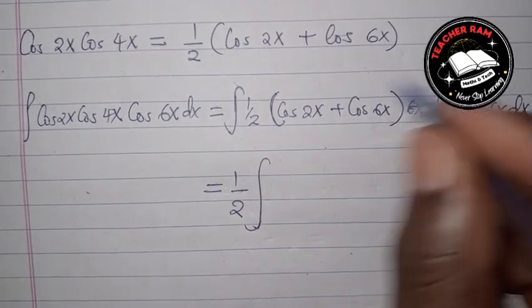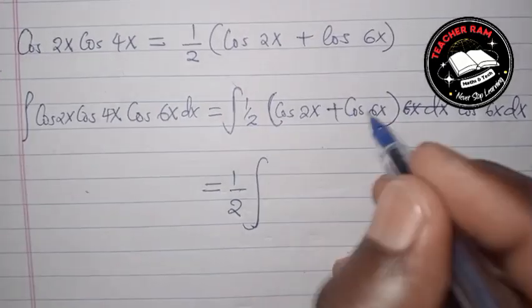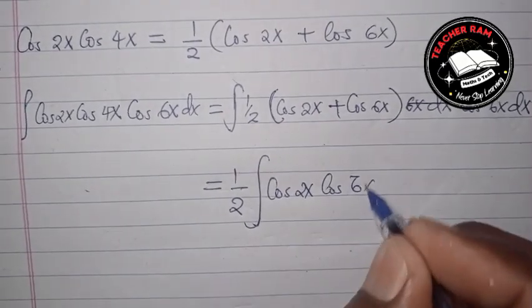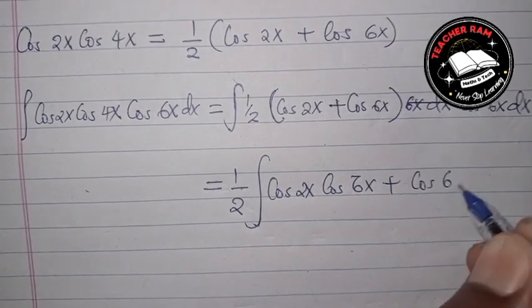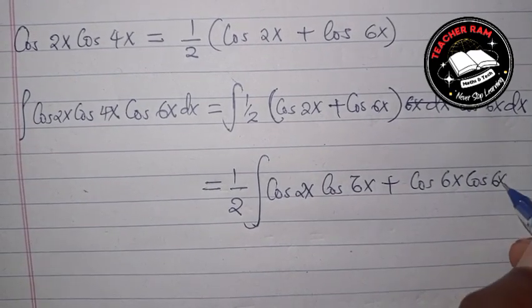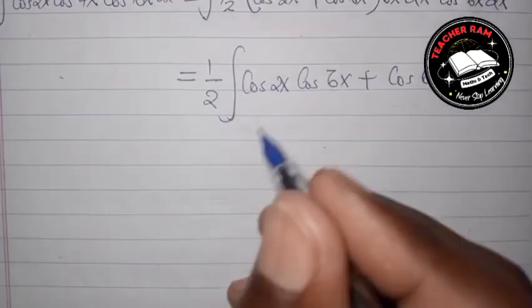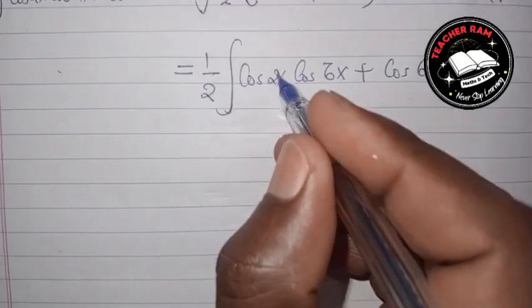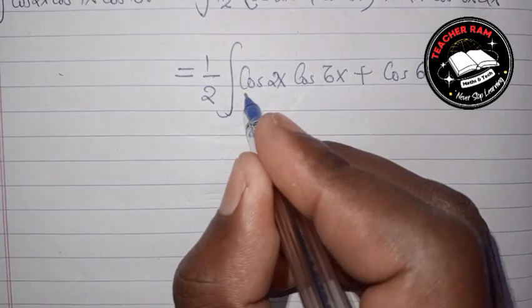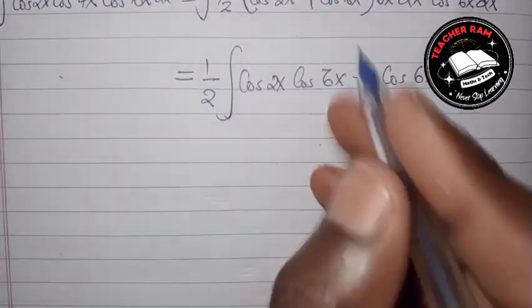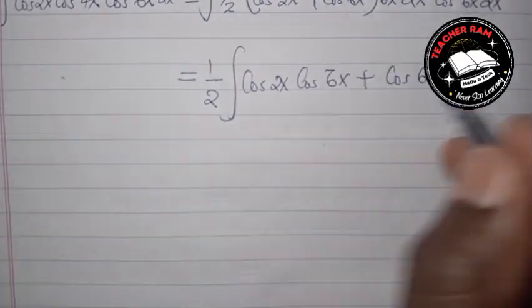So cosine of 6x, take it inside and opening the bracket, it will be cosine of 2x cosine of 6x, then plus cosine of 6x cosine of 6x dx. After that, we're going to work with these. These are products of cosine functions, so we're going to put them in the form of a sum instead of a product.